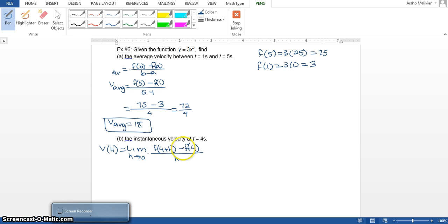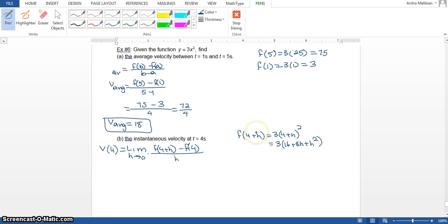Let's see what f of 4 plus h is. It's 3 times 4 plus h squared. So it's 3 times 16 plus 8h plus h squared. 48 plus 24h plus 3h squared.